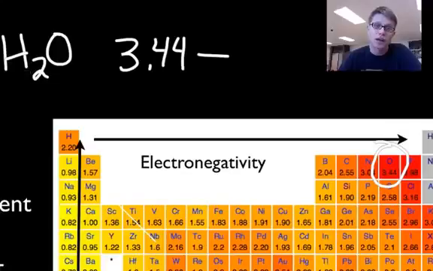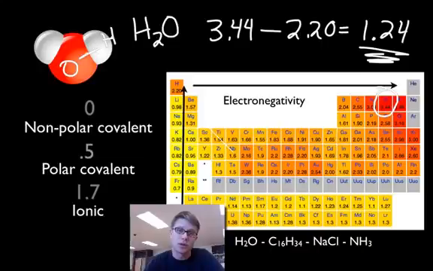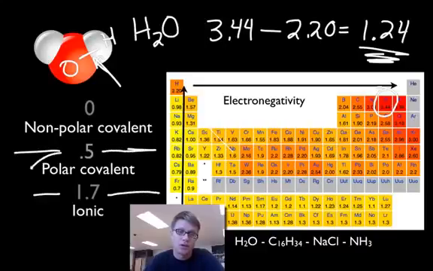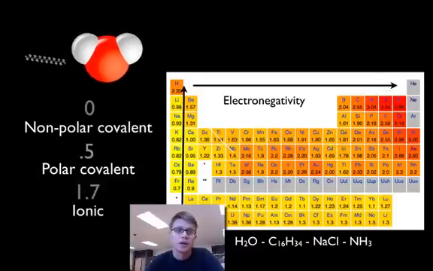I'm going to subtract that of hydrogen, which is 2.20, and I get a difference of 1.24. That's the difference in their electronegativity between these two. So what kind of a bond is that? Well, look at my chart. It's somewhere between 0.5 and 1.7, and so I know immediately that that's going to be a polar covalent bond in water.